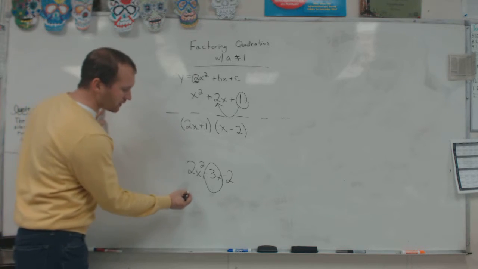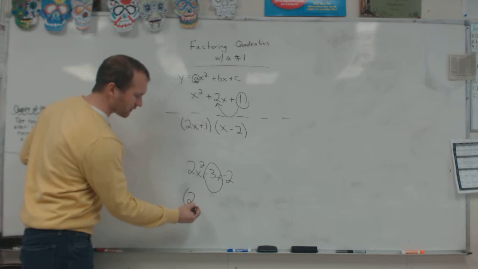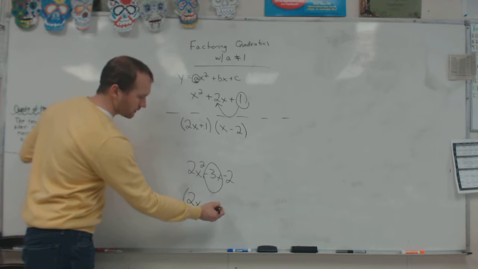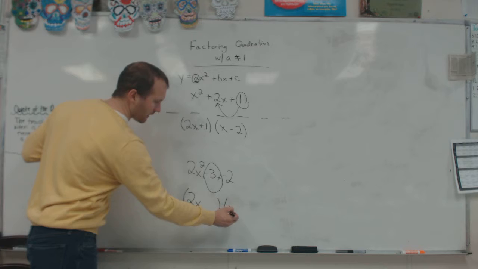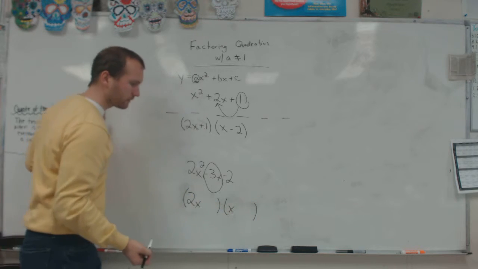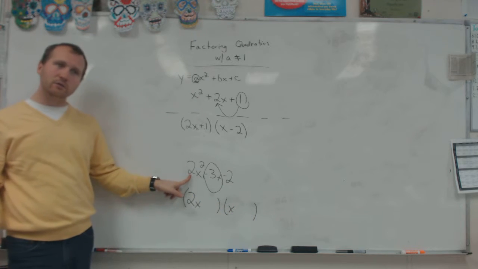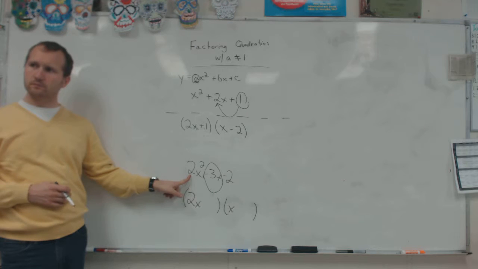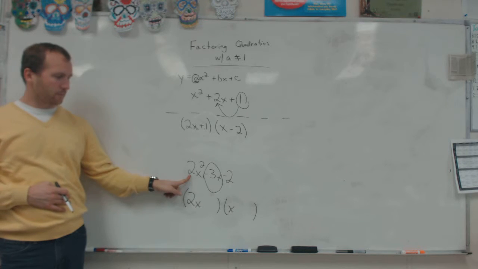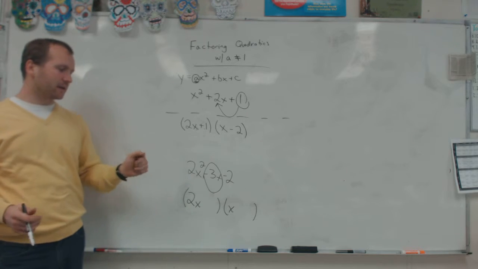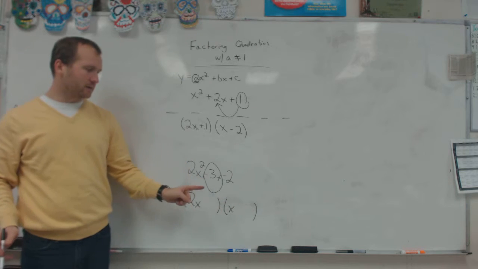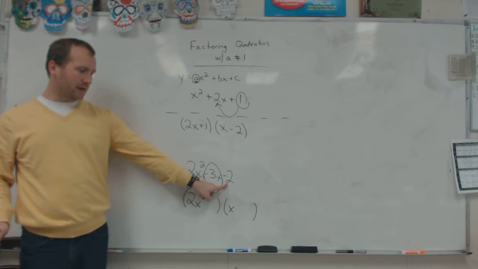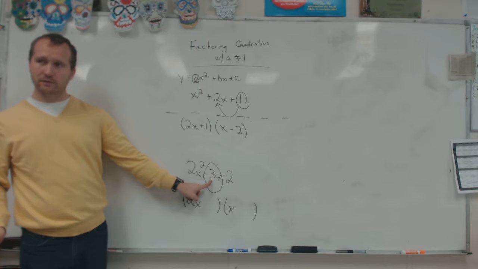The reason being, we know that the factors are going to be 2x something and x something. That's the only way to get 2x squared. So now we have to think of two somethings that are going to make this negative 2 and this minus 3.